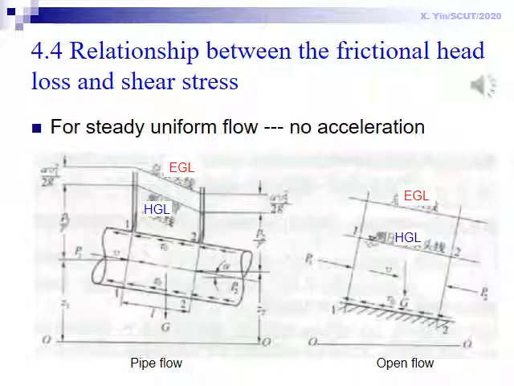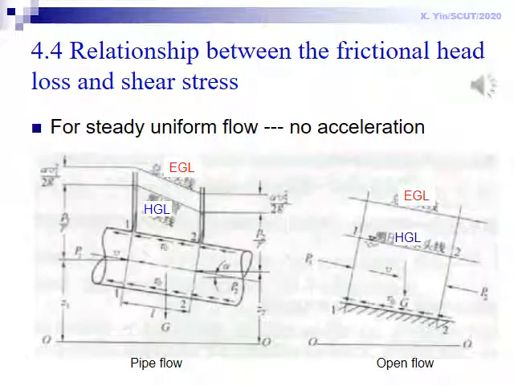Either pipe flow or open flow, such as in the picture, we can analyze the forces on the control volume between section 1 and section 2 and write the force balance equation along the current direction.